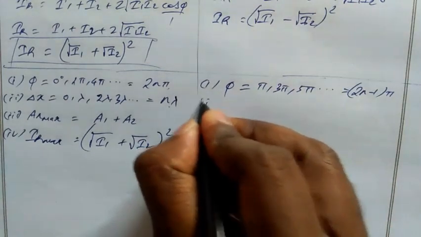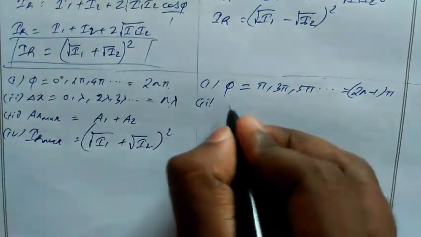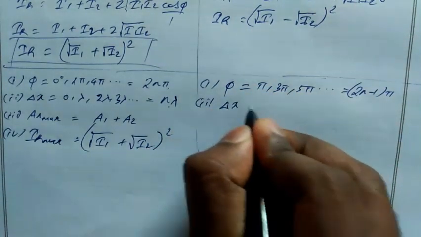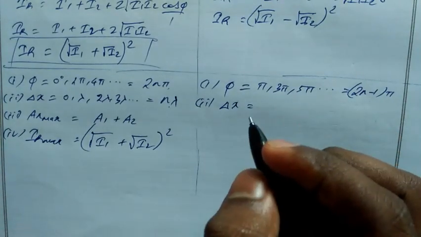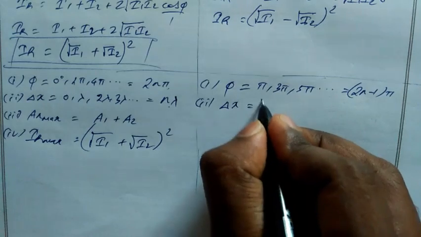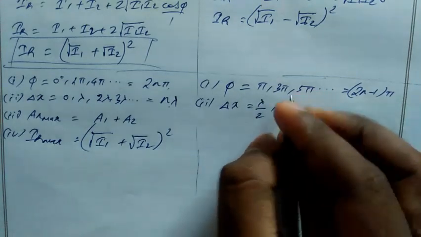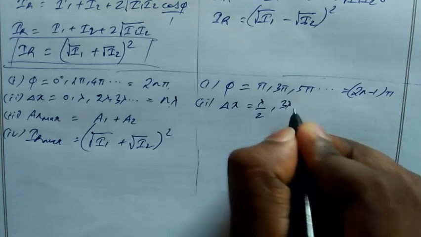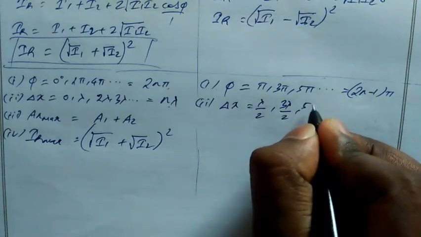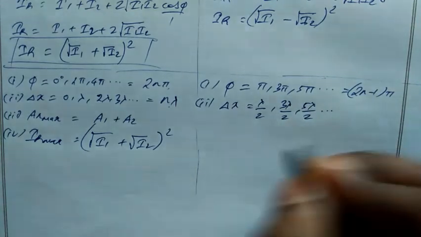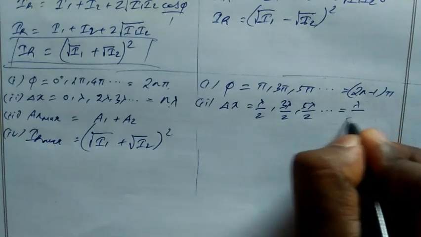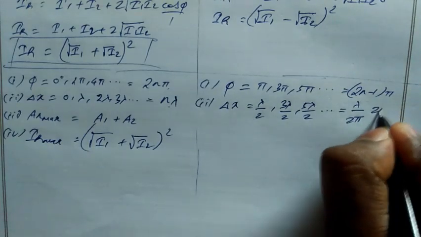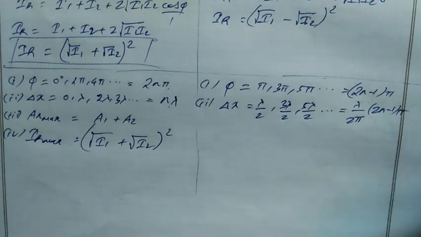Then path difference starts from del x equal to lambda by 2, 3 lambda by 2, 5 lambda by 2, it goes on up to lambda by 2 pi into 2n minus 1 into pi.